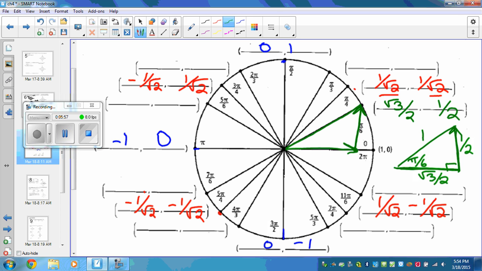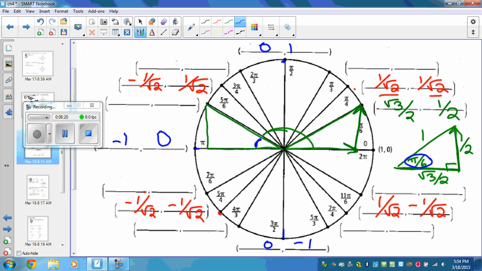Okay. Using symmetry, another angle that has a reference angle of 30 is right over here, 5 pi over 6. If this is 5 pi over 6, what's left to make pi would be 1/6, or pi over 6.